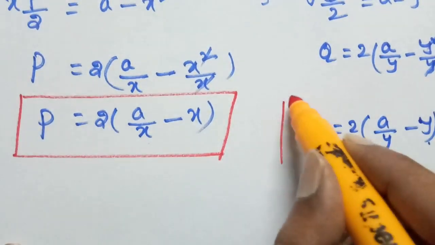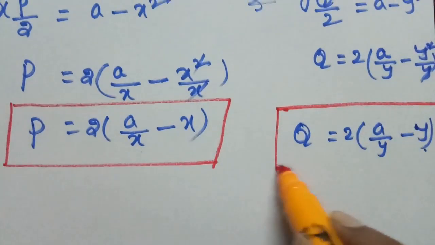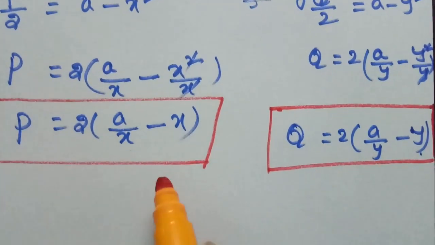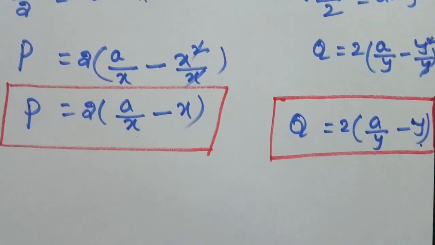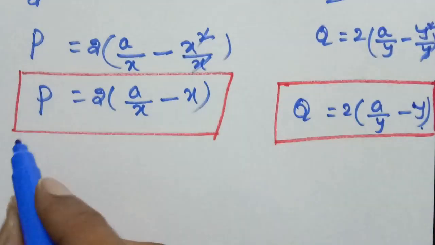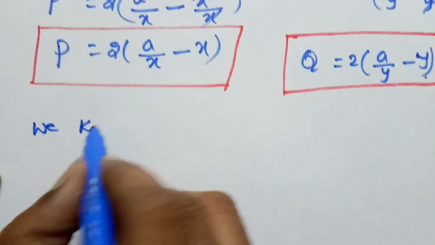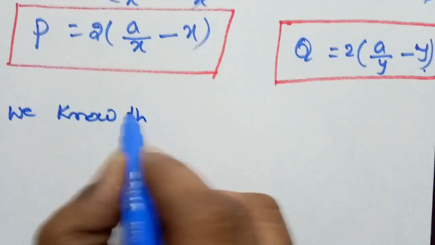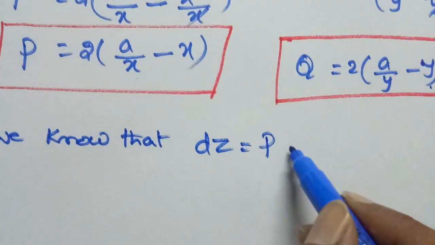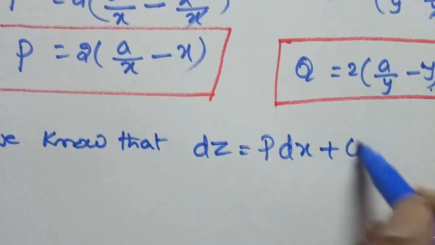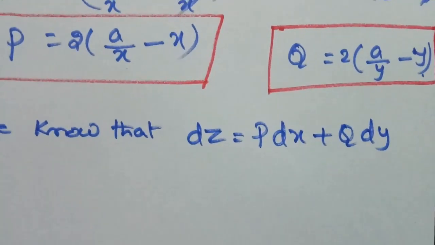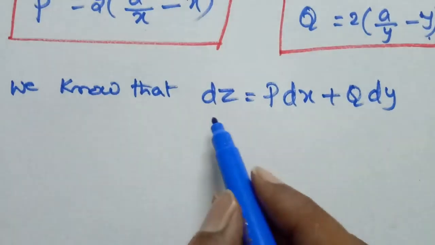Substituting the values of P and Q in equation number 6, we know that d capital Z is equal to capital P into dx plus capital Q into dy, as explained in the procedure in type 4.